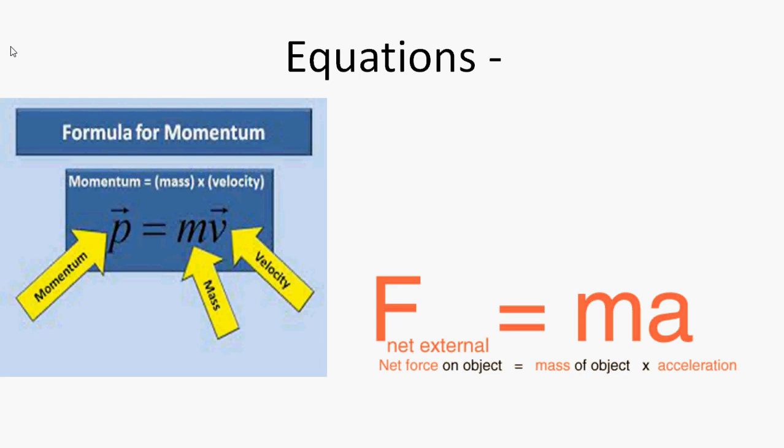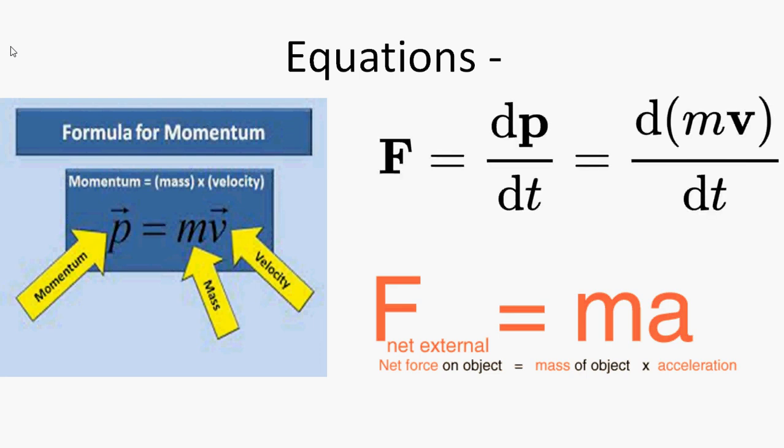First of all, we come to the formula for momentum. Momentum is denoted by small p, which is equal to the mass of an object multiplied by the velocity with which that object is moving. Now the second law can be abbreviated as F = ma. Now let us see how this is derived.